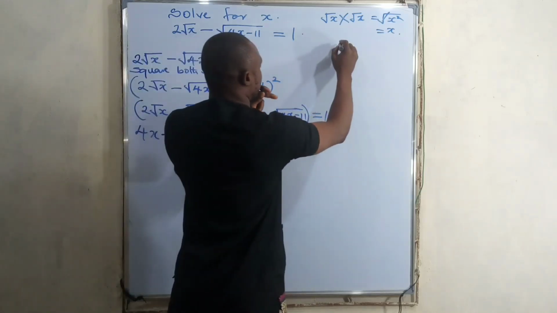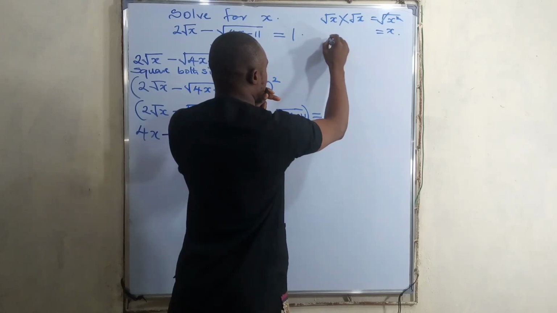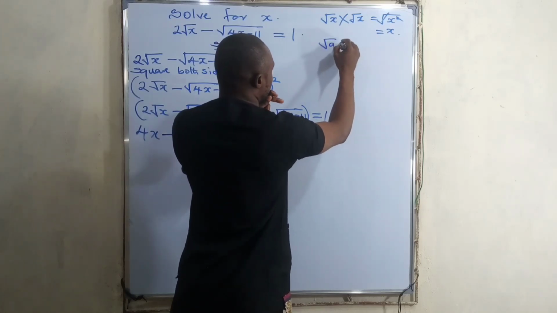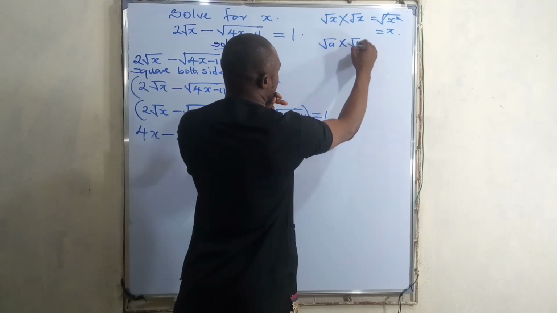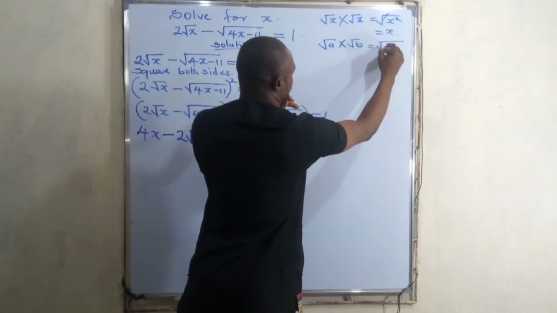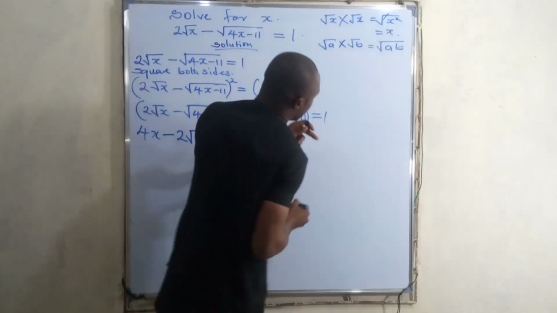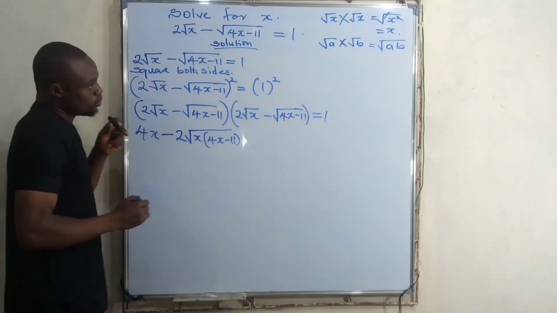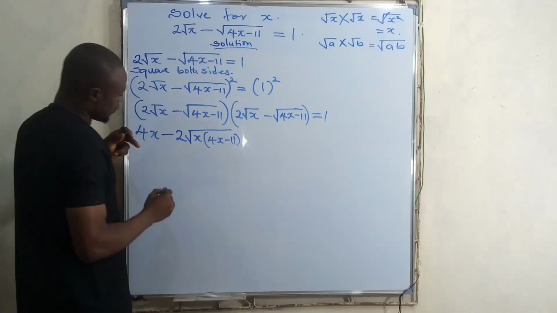Now basically also from the idea of surds, when you have the root of a multiplying the root of b, you have a single root for both of them, the root of ab. That is when the terms in the roots are different.